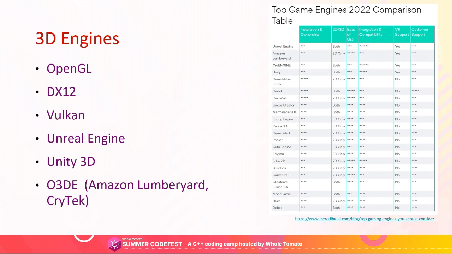And I like O3DE, previously Amazon Lumberyard, and the Crytek engine. It's also very powerful. So they are very useful with C++, and they have many examples when you want to develop an application in C++.